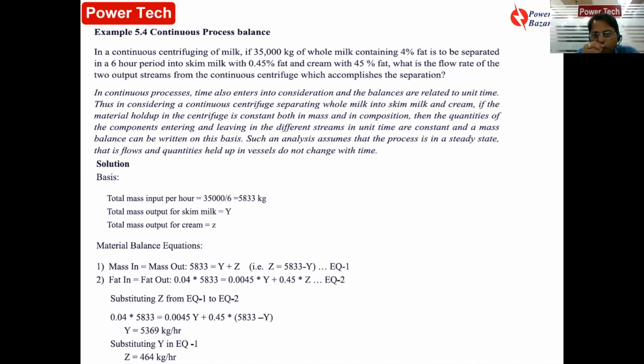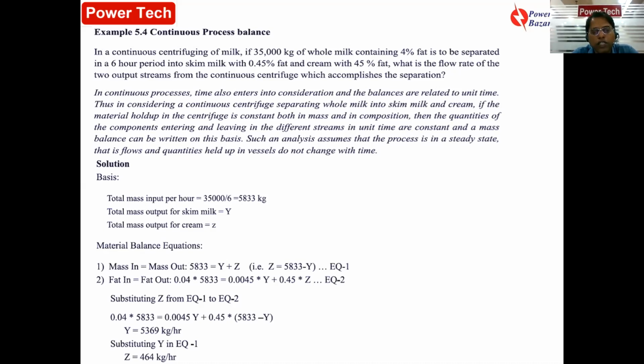We'll try to solve a few numericals, particularly on material balance. In the earlier class we studied 3 numericals, and we'll continue with the remaining numericals in this class. This is very important because in the exam you will get a lot of numericals on material balance and energy balance, which have to be calculated to secure good marks.